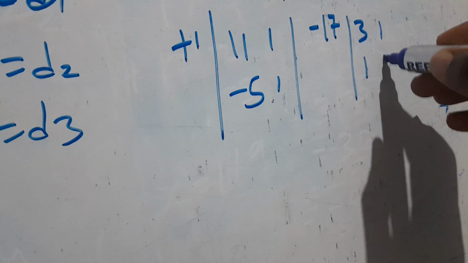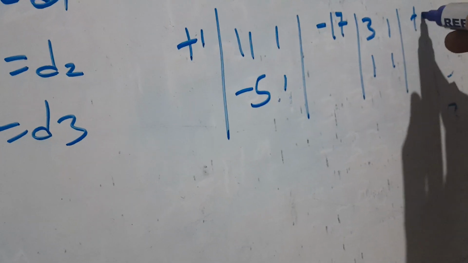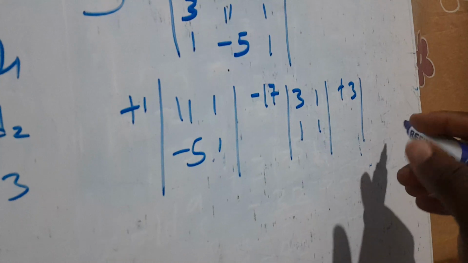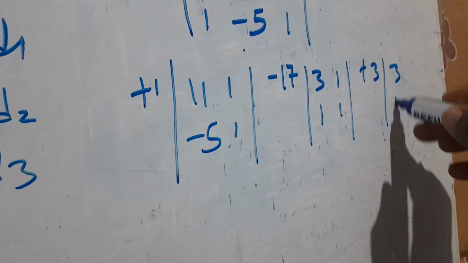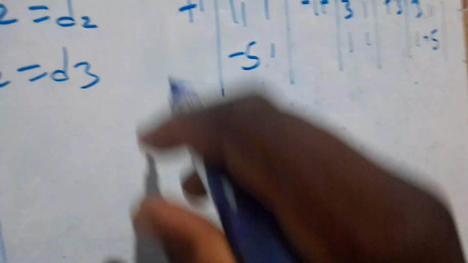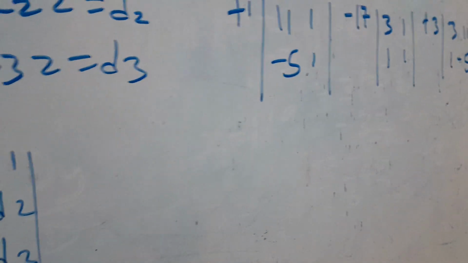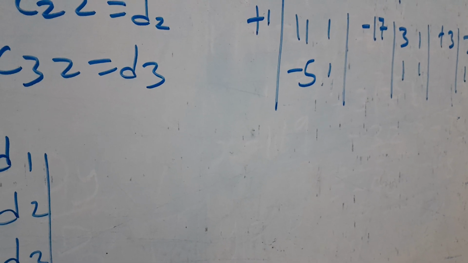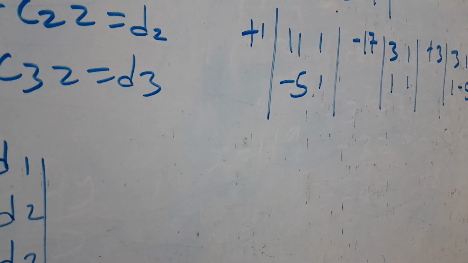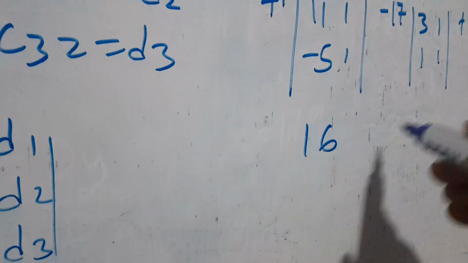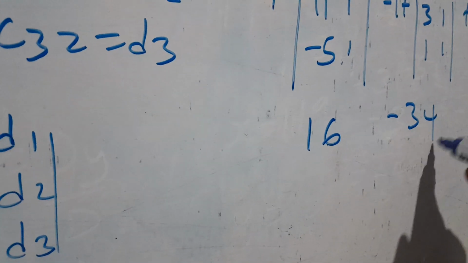You have 1, 1, and then you have +3. Cancel the column and the row, you will have 3, 1, 11, and -5. If you work out this one, you will find 16, 34. Your answer becomes 16, and then here your answer becomes -34.